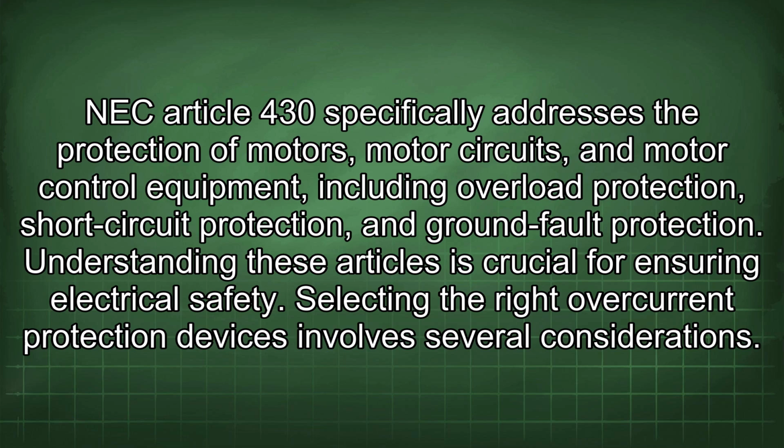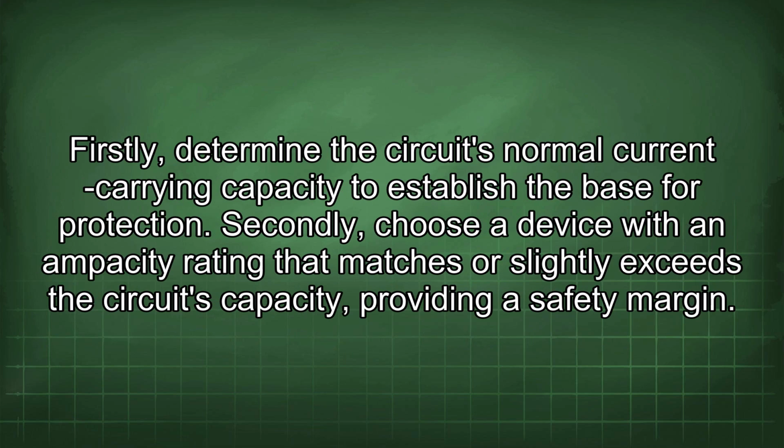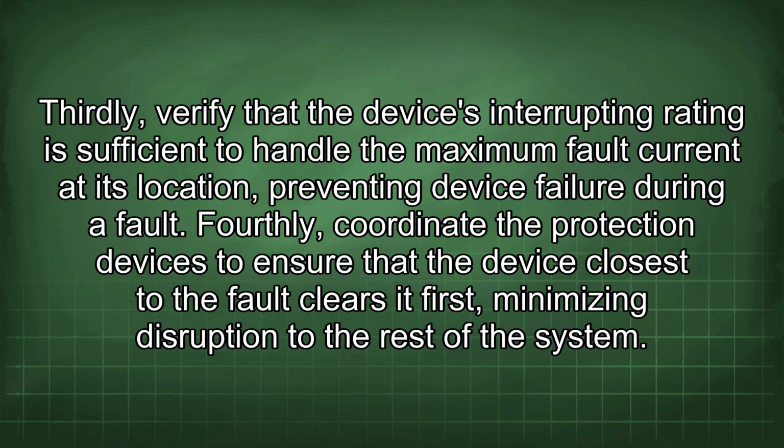Selecting the right overcurrent protection devices involves several considerations. Firstly, determine the circuit's normal current carrying capacity to establish the base for protection. Secondly, choose a device with an ampacity rating that matches or slightly exceeds the circuit's capacity, providing a safety margin. Thirdly, verify that the device's interrupting rating is sufficient to handle the maximum fault current at its location, preventing device failure during a fault.